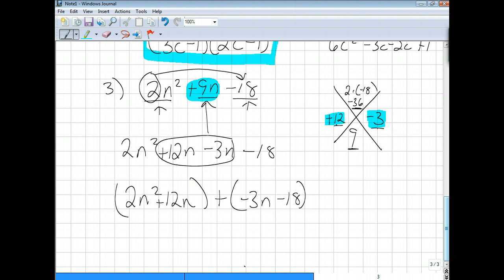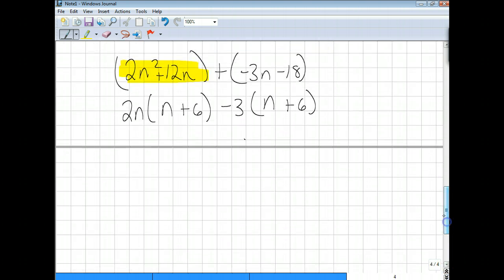Now, in the first parenthesis, what are the common factors? Each term has a 2, each term has an n. So factor that out. In the second parenthesis, each term has a negative 3. So we're going to factor out a negative 3. So that's going to leave us n plus 6.